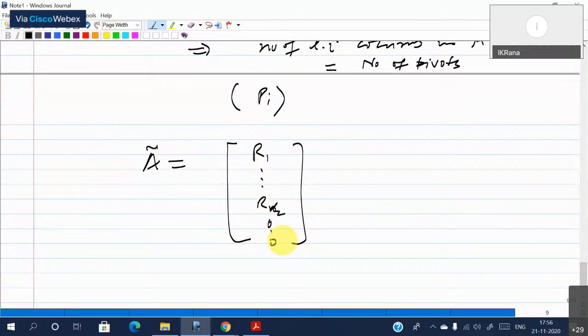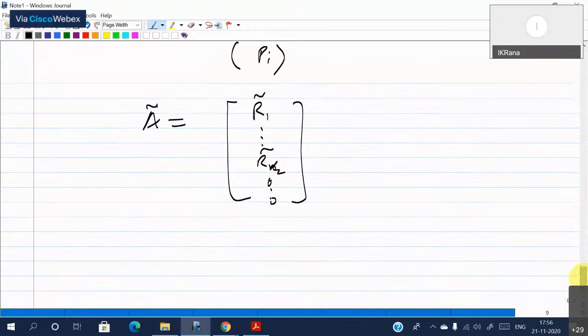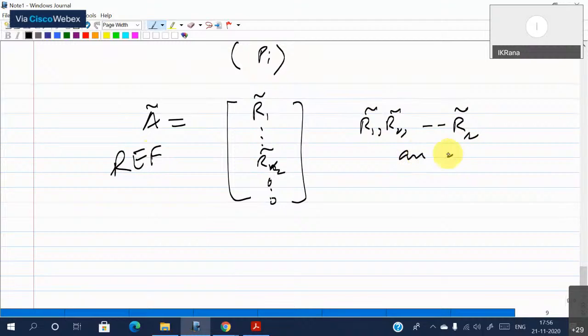Is it clear that these row vectors R1 tilde, R2 tilde, R tilde in the row equivalent form of A are linearly independent? They are linearly independent, right?